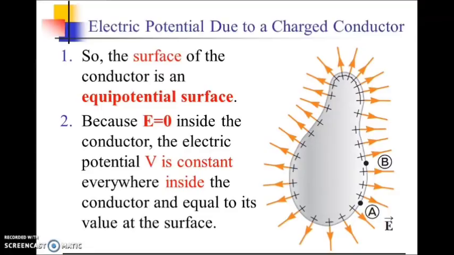Which means that electric potential inside the conductor is constant. Any 2 points inside the conductor will have exactly the same electric potential, and that value will be equal to the value of the electric potential on the surface of the conductor. So these are the important conclusions as far as the electric potential of a charged conductor is concerned. Now let's look at a few examples.